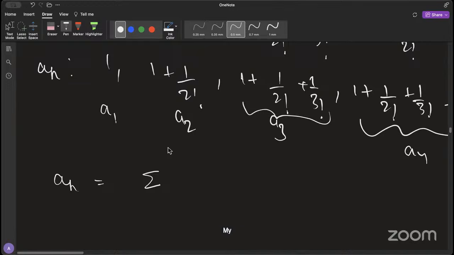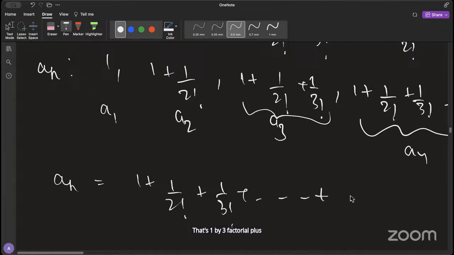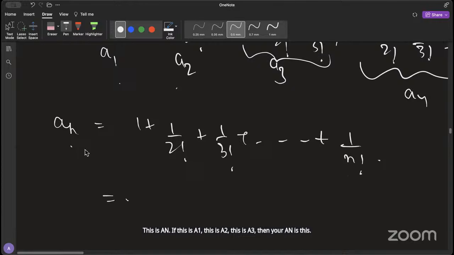How should I write this sequence? My an is basically 1 plus 1 by 2 factorial plus 1 by 3 factorial plus so on plus 1 by n factorial, right? This is an. If this is a1, this is a2, this is a3, then your an is this. An means the nth term of my sequence.